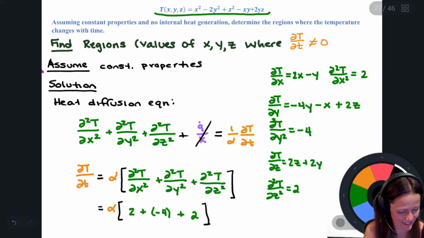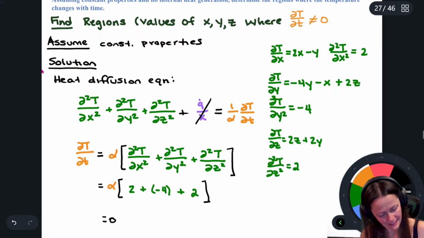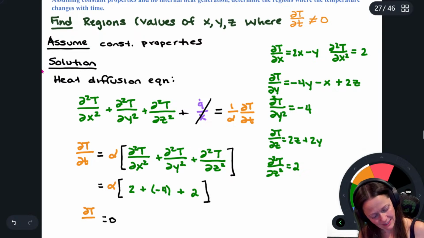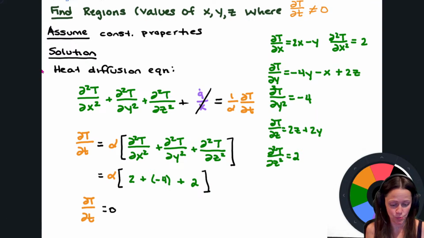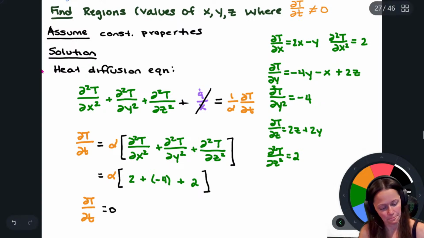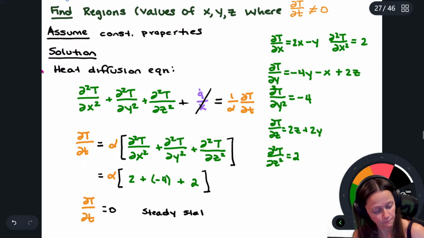So what does that mean? We were asked to find what values of x, y, and z could I plug in and end up getting a non-zero value for dT/dt. And there's nothing. All we can say is it's steady state.